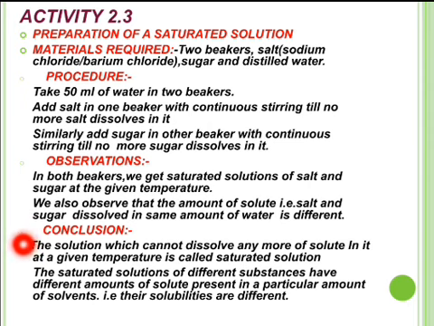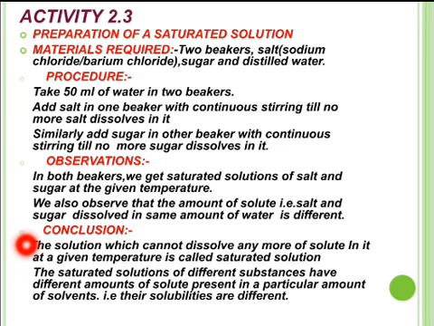So what do we conclude? The solution which cannot dissolve any more of solute in it at a given temperature is called saturated solution. Means after adding 3 to 4 tablespoons of salt, no more salt can be dissolved in one beaker, and in the beaker in which we have added 5 to 6 tablespoons of sugar, after that no more sugar can be dissolved in the same amount of water.